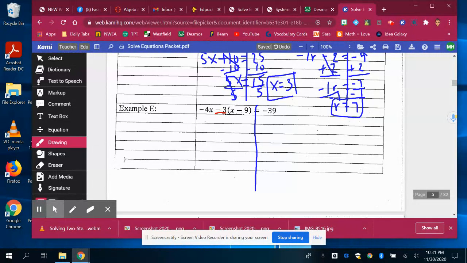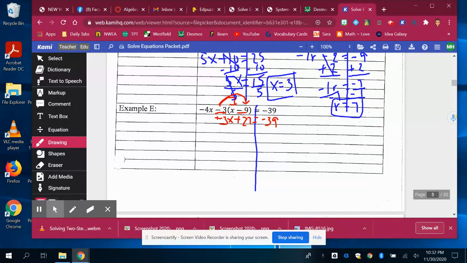Remember, the sign goes with the term in front of it. So I'm going to distribute negative 3 times x gives me negative 3x. And negative 3 times negative 9 gives me a positive 27. And everything else I'm going to bring down.